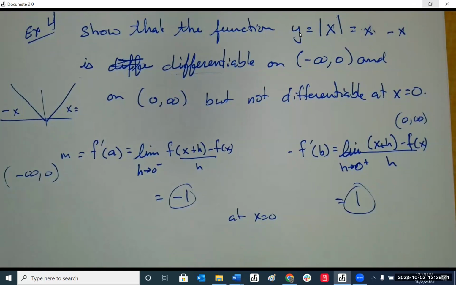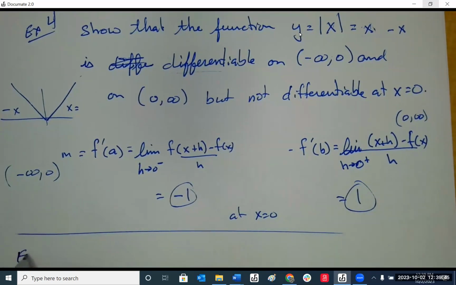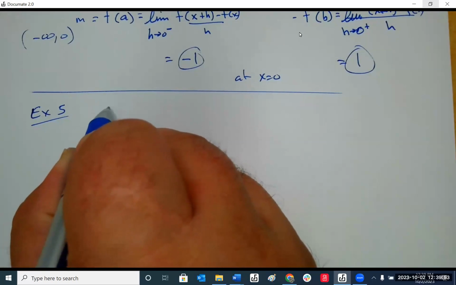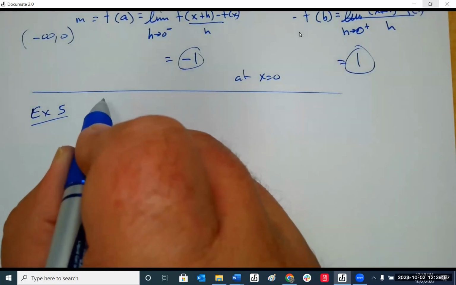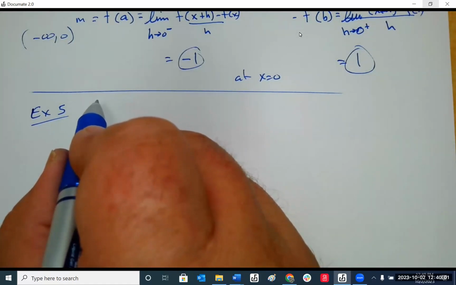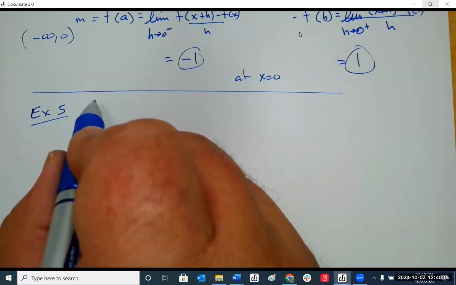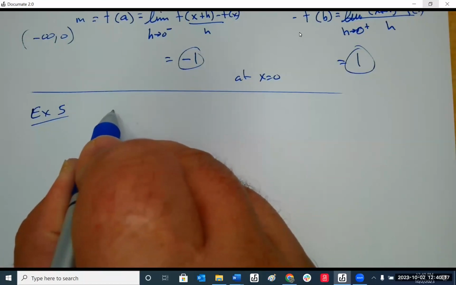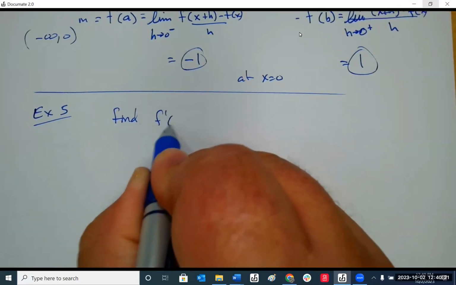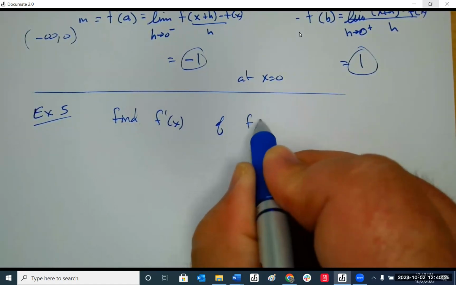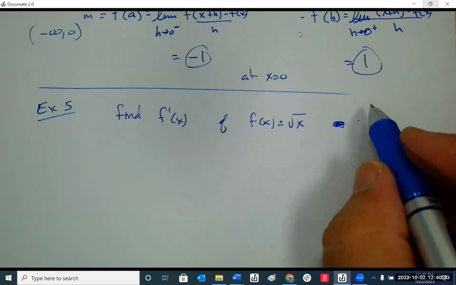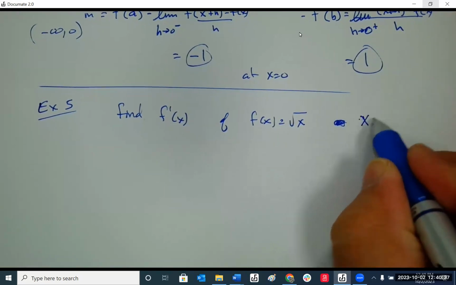Okay, I'll use this example. Example 5. Find f prime of x at x equals 0.